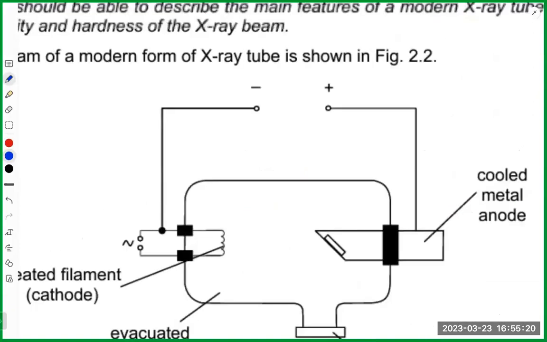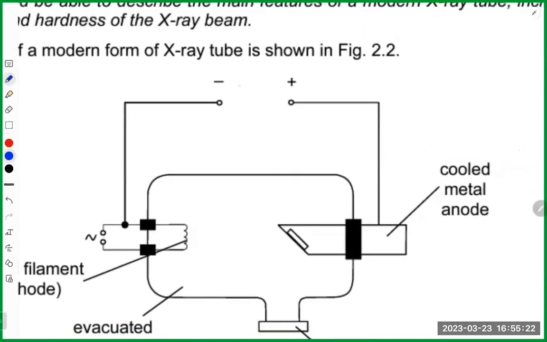Now, this is a very high potential difference, and it is a direct current. So it will always be positive, and there will be negative electrons over here. What do you think will happen to the electrons?